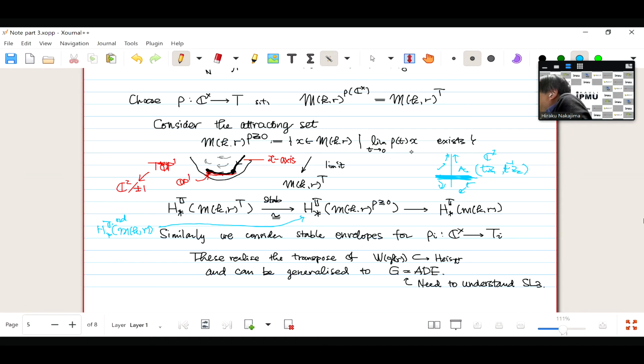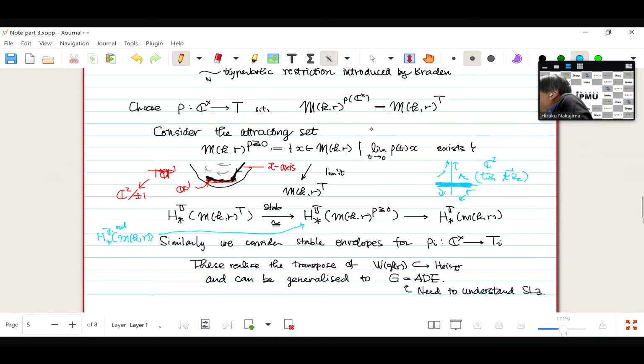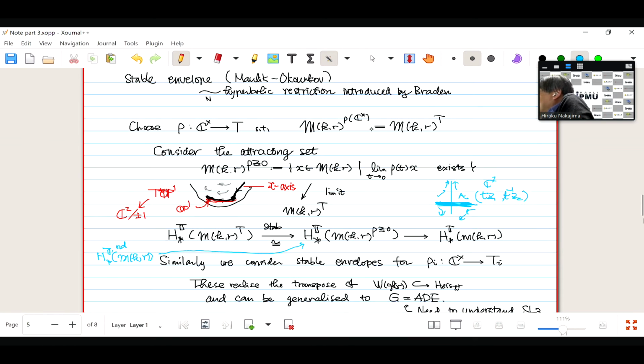I mentioned that this stable envelope has a close relation with the so-called hyperbolic restriction functor, which is defined for intersection homology. So you use those tools in geometric representation theory to generalize this picture to ADE.